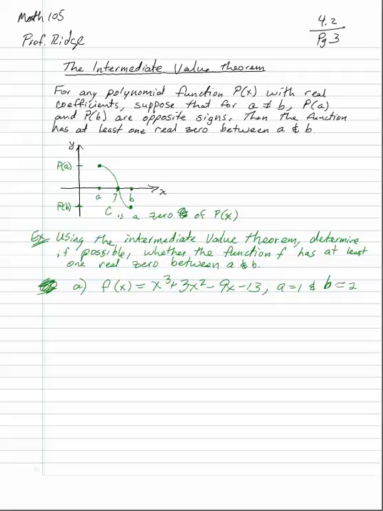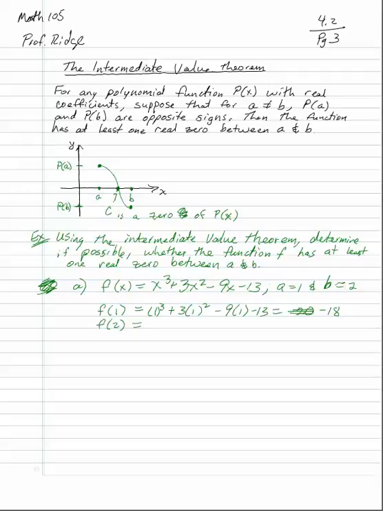So by the intermediate value theorem, we've got to figure out f of 1 and f of 2, see what we get. 1 cubed plus 3 times 1 squared minus 9 times 1 minus 13. 1 plus 3 is 4, minus 9 minus 13 is negative 18.